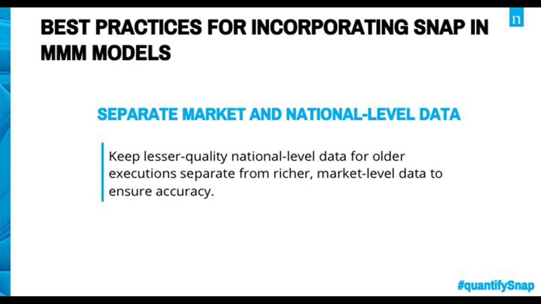Next is make sure that you separate the national level data from the market level data. As Snap really ramped up the sophistication of their data pipes, some older data was only available at the national level, while the newer data was available at the market level. This is important for precision, because if you run a campaign of, let's say, 50 million impressions, that 50 million impressions is not going to be distributed equally across all markets.